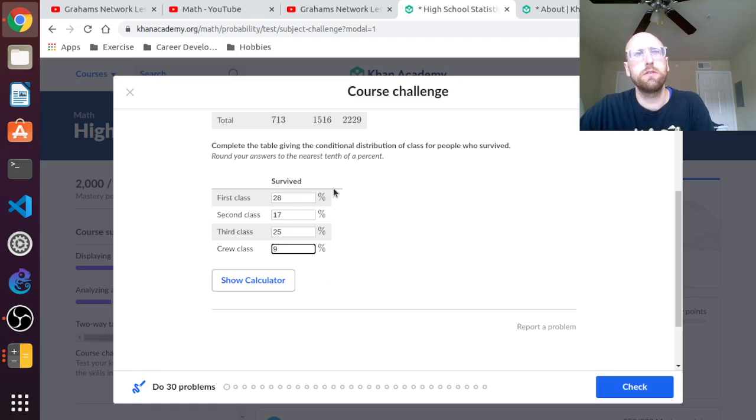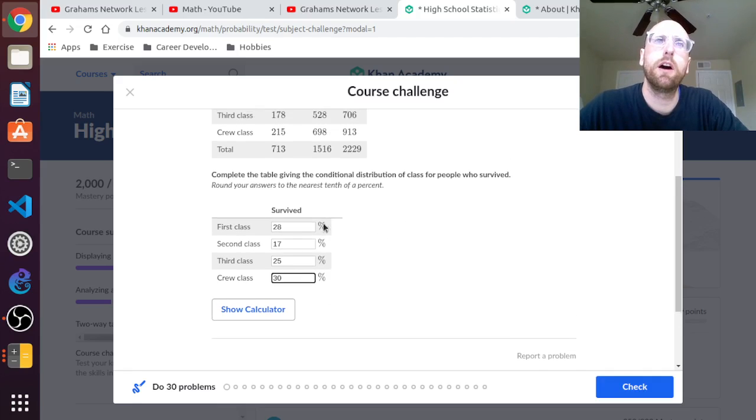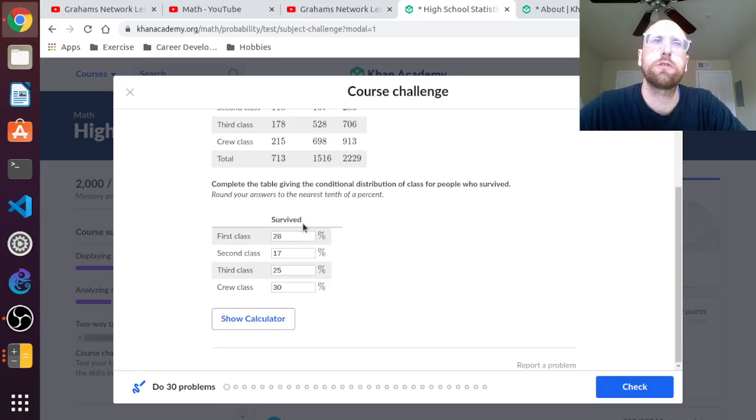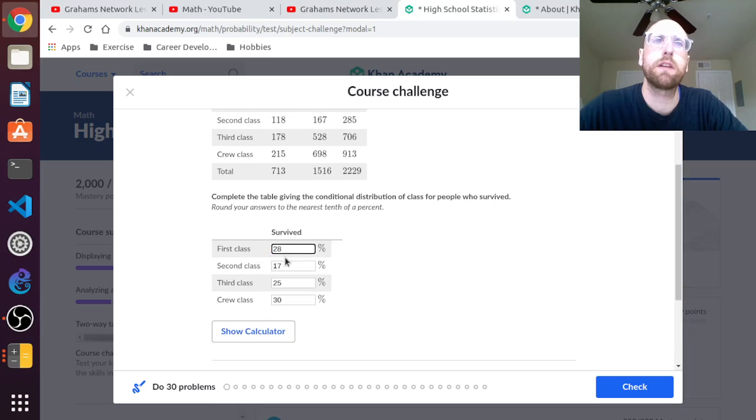So I'm not sure if these are real numbers or not, but the results are actually pretty interesting. I would have expected there to be more survivors in first class because they get priority to lifeboats or something like that, or a position in the boat that is more advantageous.